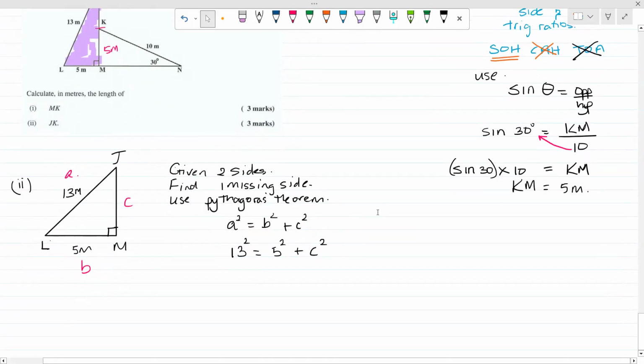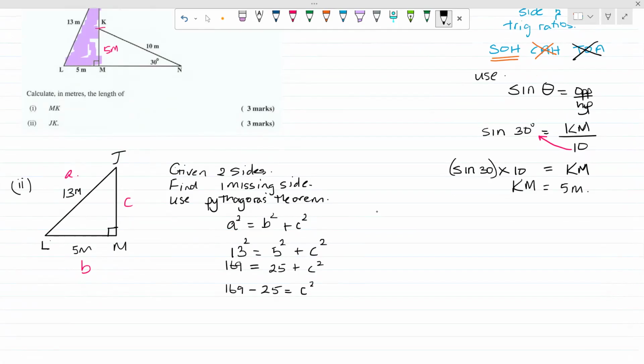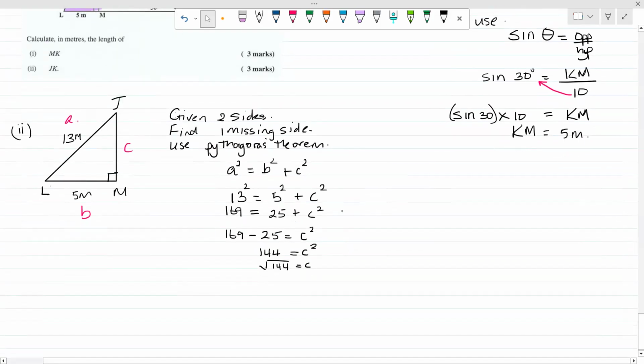So 13 squared is 169. 5 squared is 25. And we have C squared. We move the 25 across to meet the 169. That's going to give us 9 take away 5 is 4, 6 take away 2 is also 4. And then we move the square, which becomes square root. So the length of that side, C, is 12 meters.